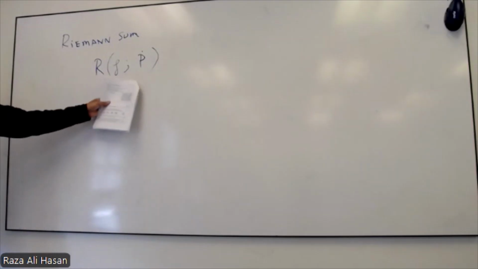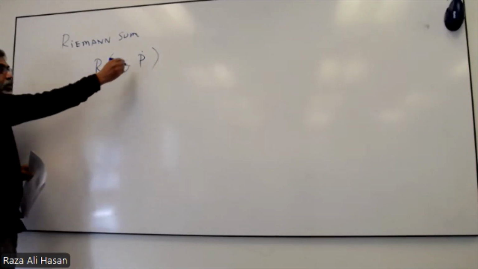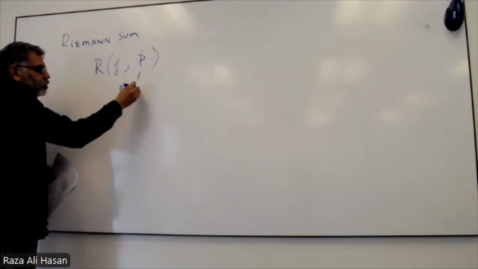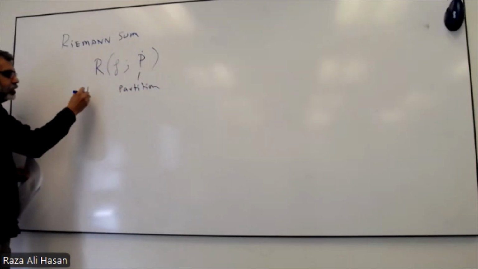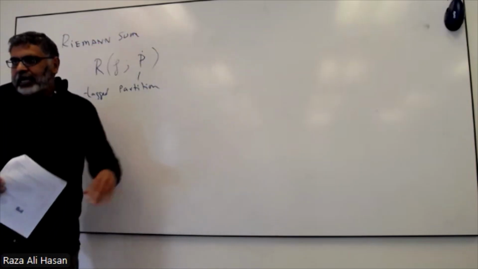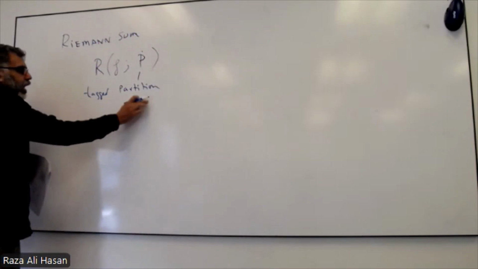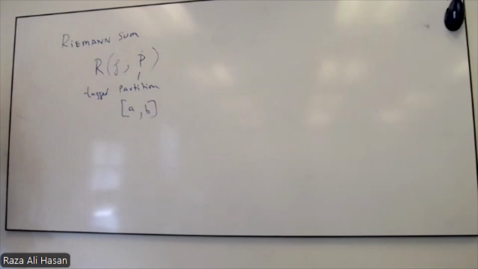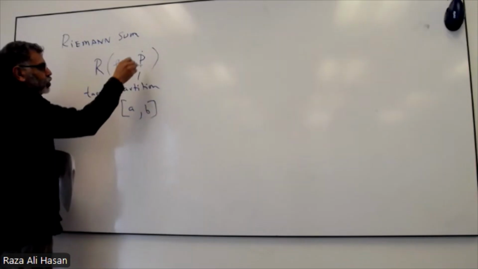So inside this little thing here are a couple of things. This partition is a tagged partition, so we don't have to worry about the length because we're looking at it abstractly. This is a tagged partition of this closed interval AB on the x-axis.